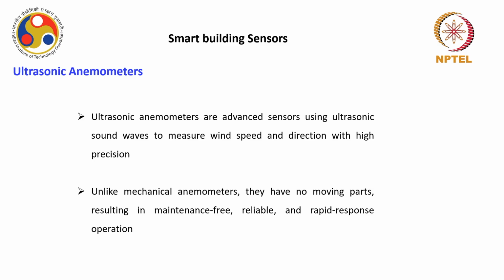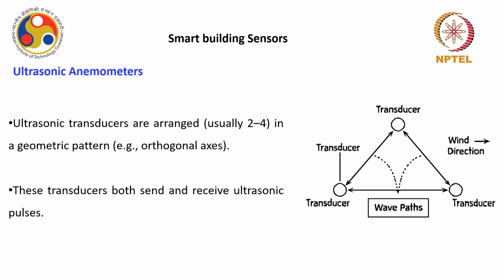Therefore, they are maintenance free, reliable and have rapid response operation. Usually their arrangements are in pairs, so ultrasonic transducers are usually arranged in 4 pairs in a geometric pattern. The other pairs are not shown over here.